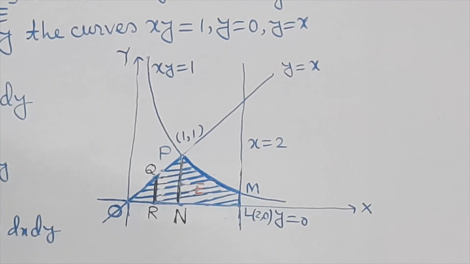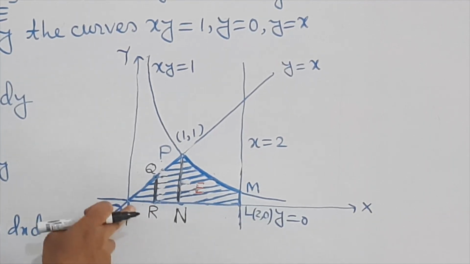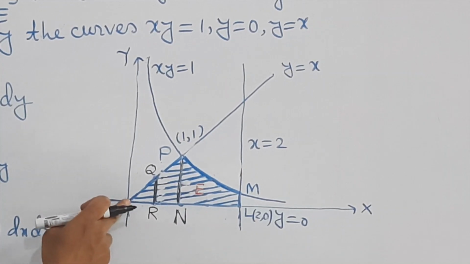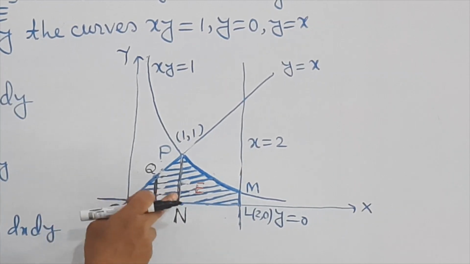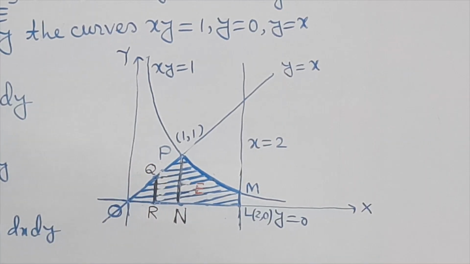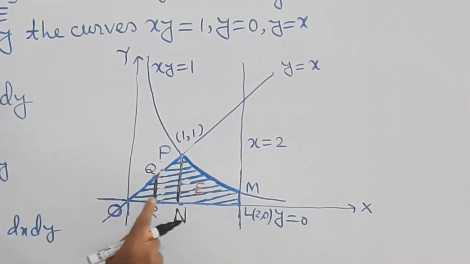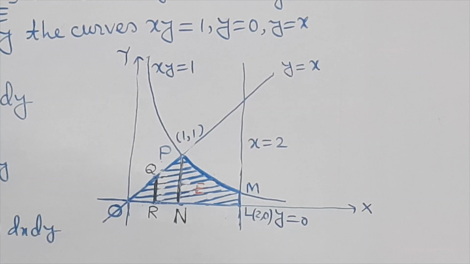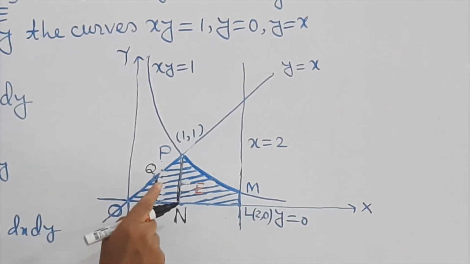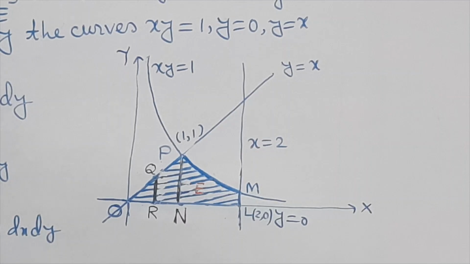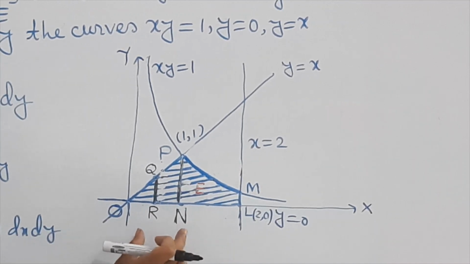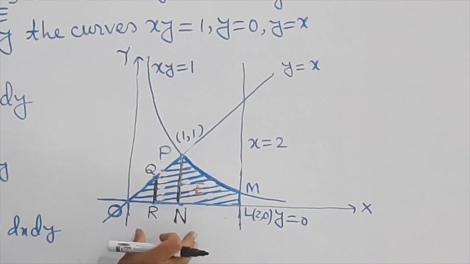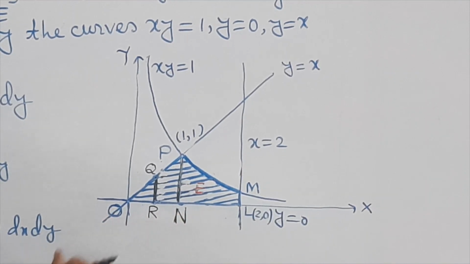So, it says that the area ONPO and the area NLMP together are equal to the area of the region E, and hence the given integration can be split into two parts.